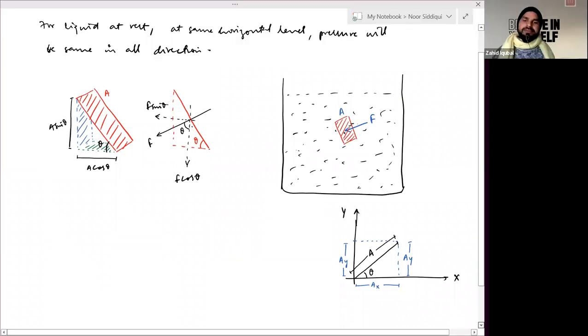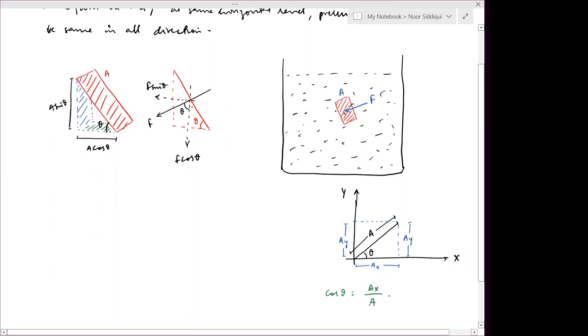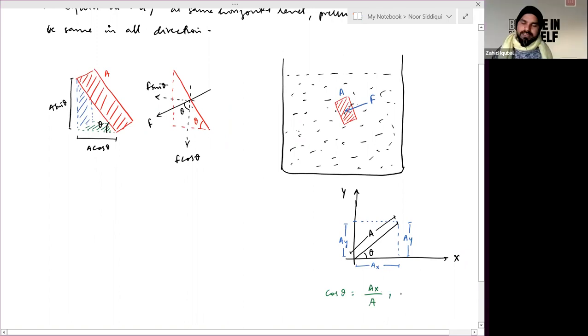Now, using trigonometry, if you have to calculate cos theta for this part, cos theta will be base divided by hypotenuse. So we have base as AX and hypotenuse as A. Is it clear? Yes, sir. So if you want to calculate AX, move this A to the left side, so you'll get A times cos theta.